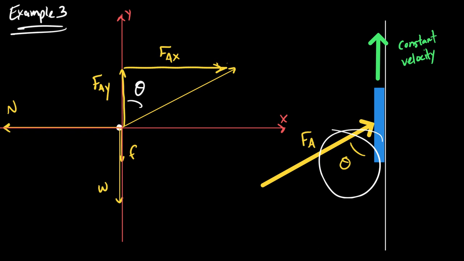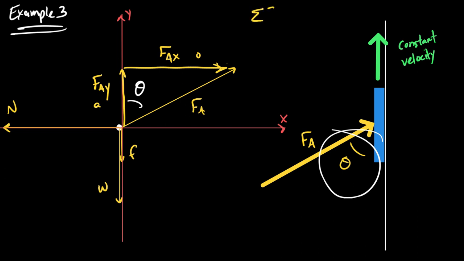And I bet those two are related to sine and cosine. I'm thinking this is the opposite side. I'm thinking this is the adjacent side, right? You guys are remembering this stuff. This is why we learned all that trig. Probably something like, FAX equals FA sine theta, and FAY is going to be FA cosine theta. Because I know trig, I can do my trig fast. You're going to need to do your trig fast.